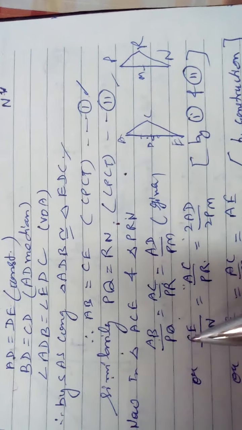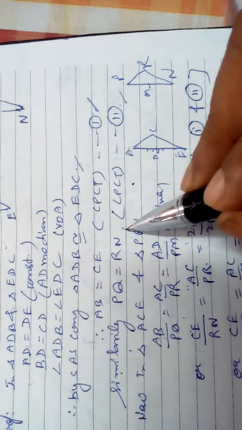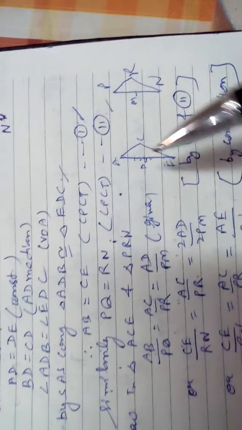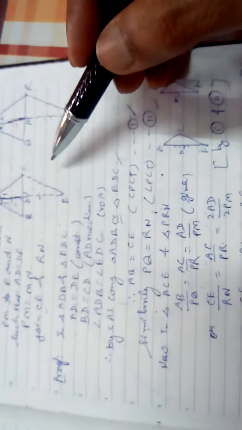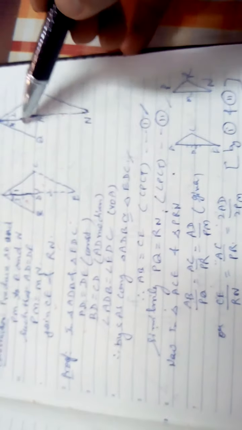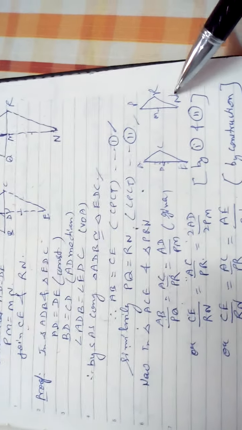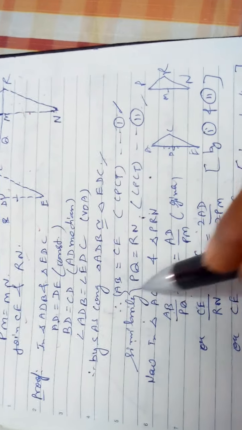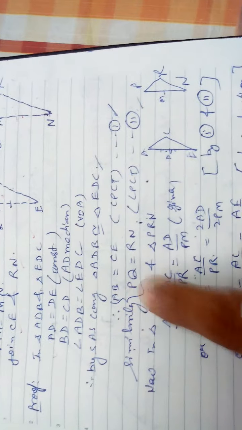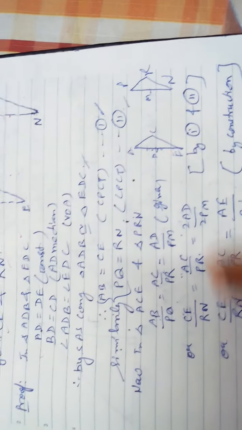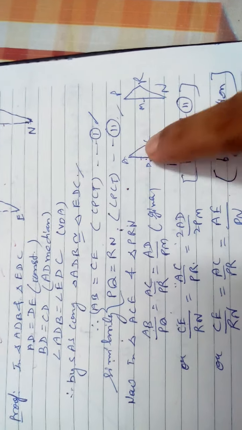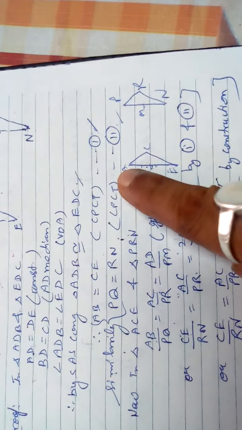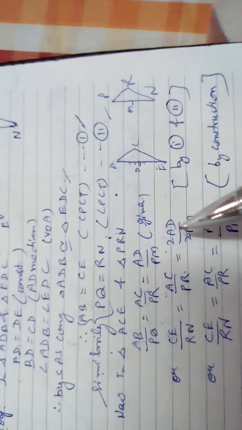But what are AB and PQ? By first and second, AB is equal to CE and PQ is equal to RN. We replace this. AB will be replaced by CE and PQ is replaced by RN, because here you have proved. So CE upon RN equals AC upon PR equals 2AD upon 2PM.